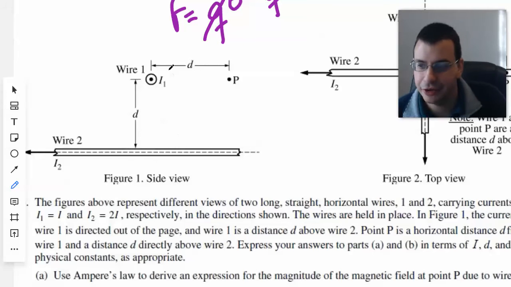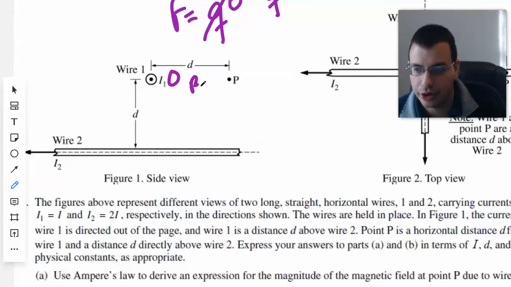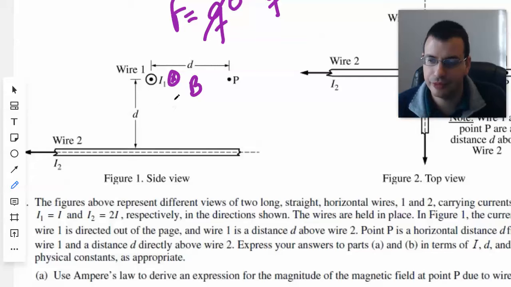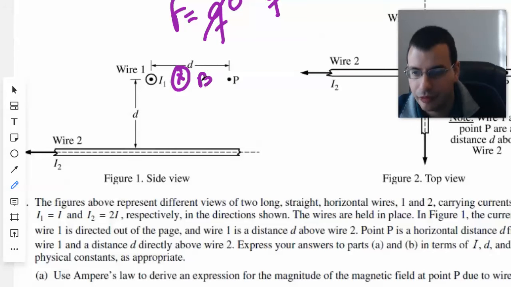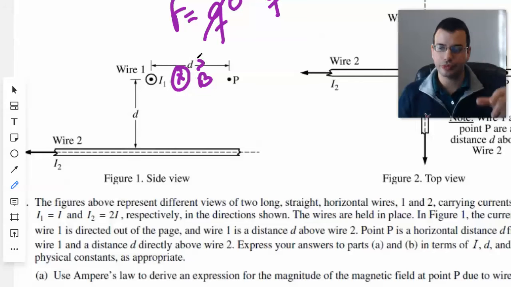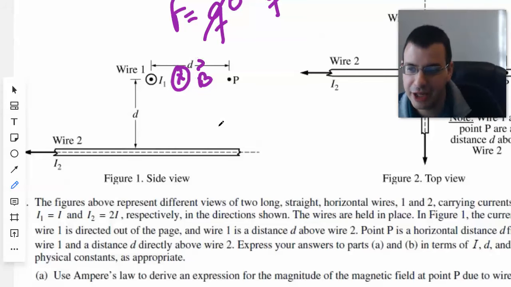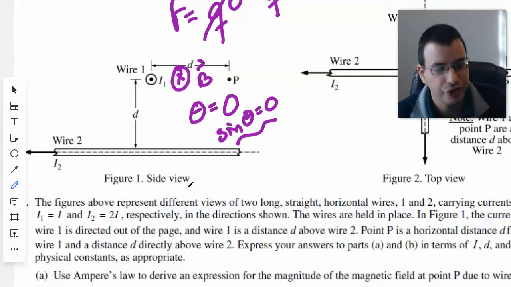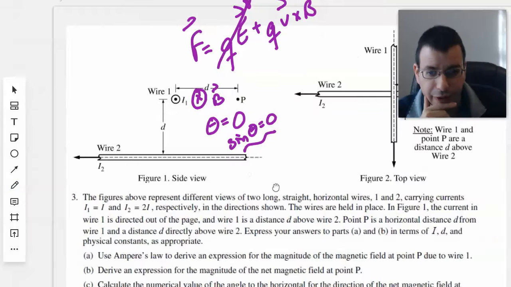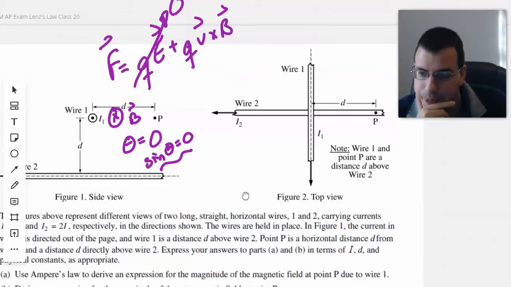So the magnetic field created at wire 1 is into the board. It's hard to see, my circle is too small. Into the board. And therefore the angle theta between the two would equal 0. Sine of 0 equals 0. Therefore, from this view, there's no magnetic force really on wire 1.